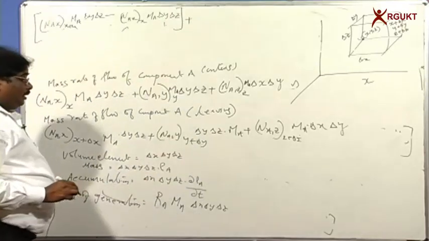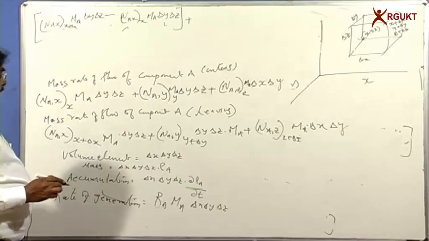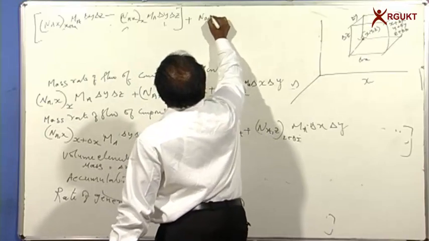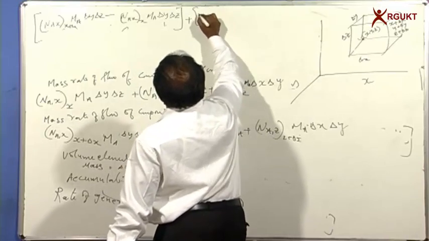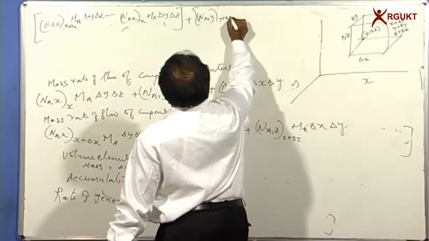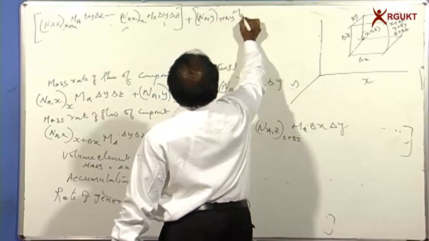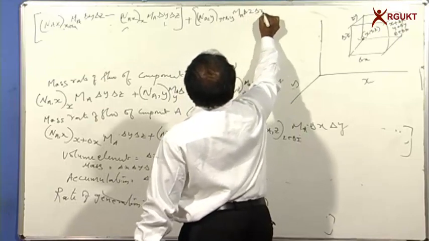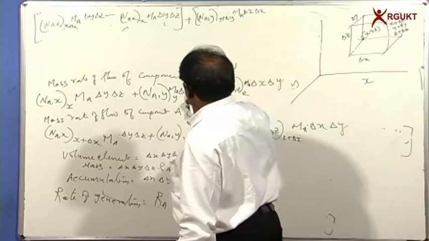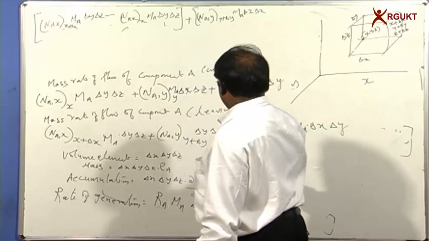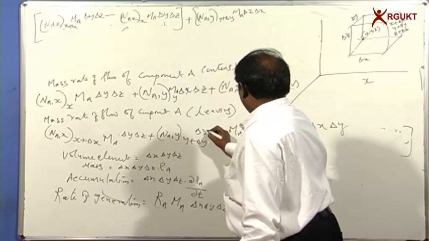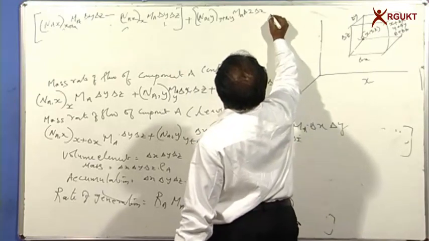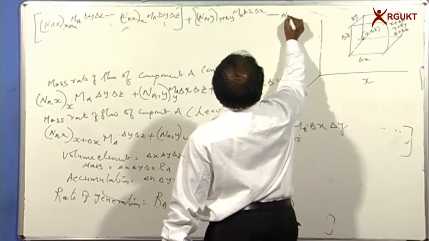Similarly, for the y direction, what we can write, NAy at y plus delta y, MA delta y, delta z, delta x. So this is delta x and this is delta x, delta z, delta x minus NAy at y, MA delta z, delta x.